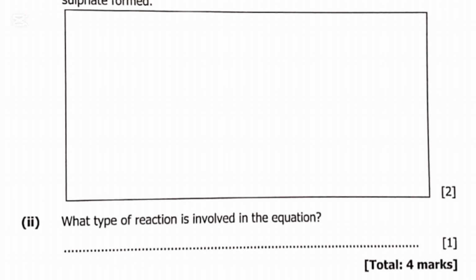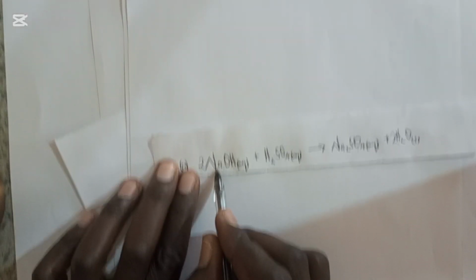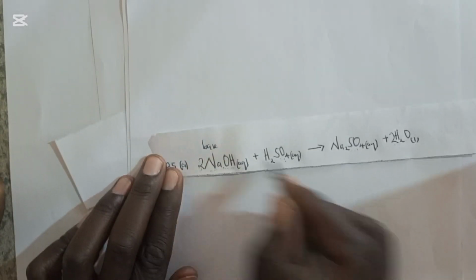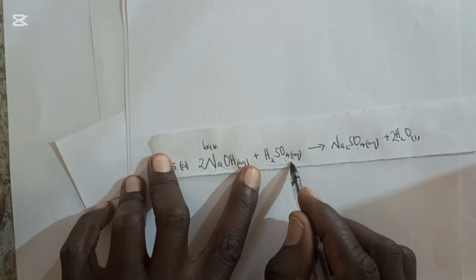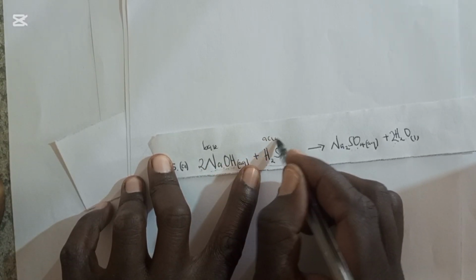Now, the first question you should ask yourself is what is sodium hydroxide? Sodium hydroxide is a base. What is sulfuric acid? Sulfuric acid is an acid.